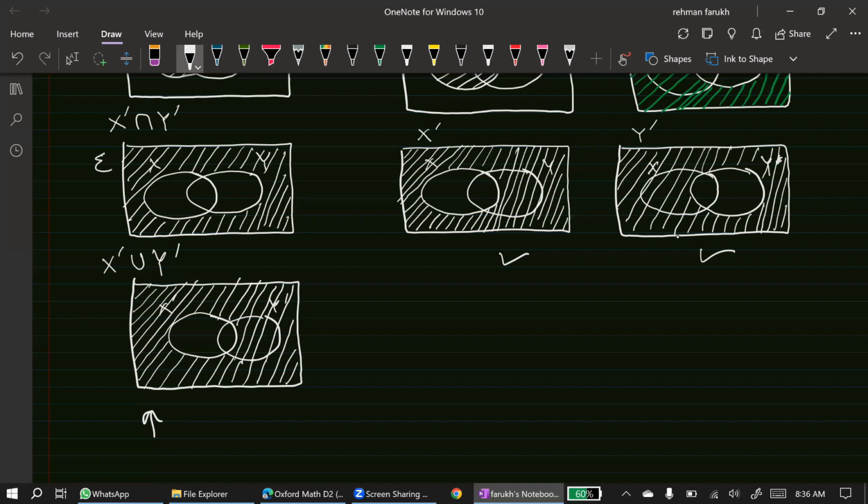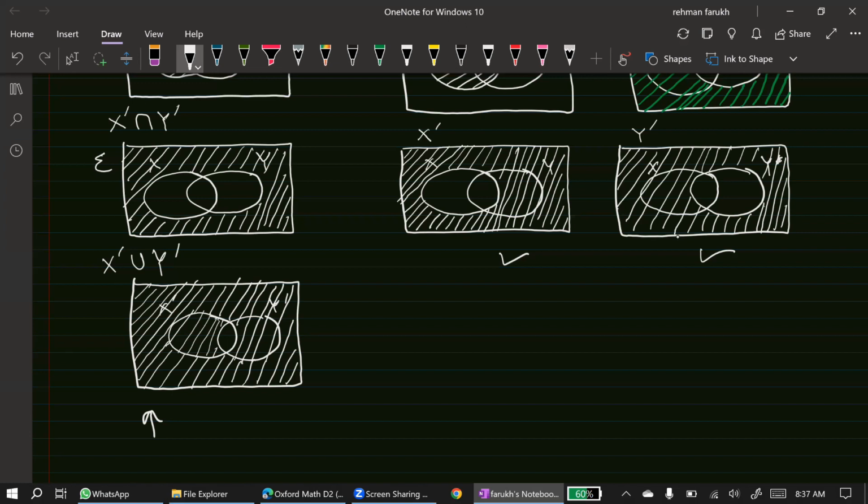When we shade Y dash, we shade all portions other than Y. This portion is also already shaded. The only portion we are left with is the intersection portion. So the rest of the region which is shaded is X dash union Y dash.